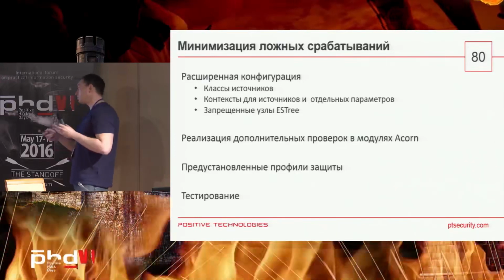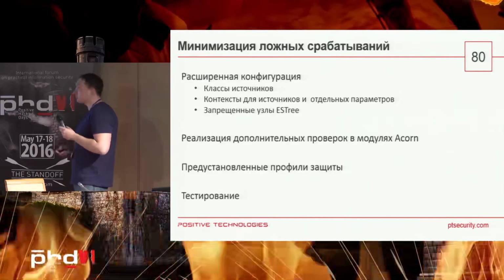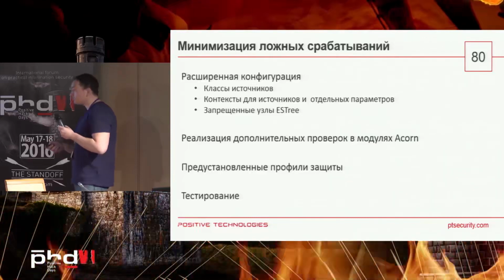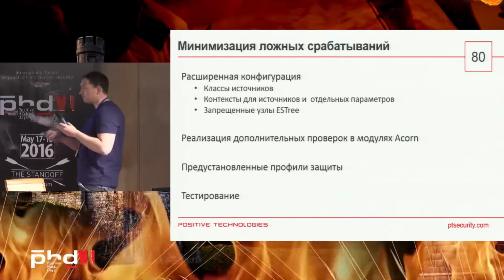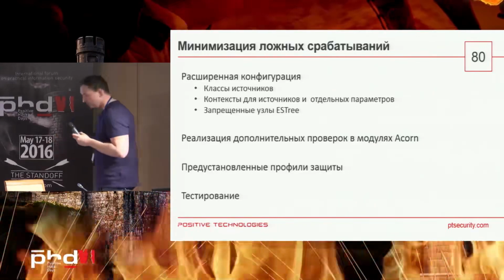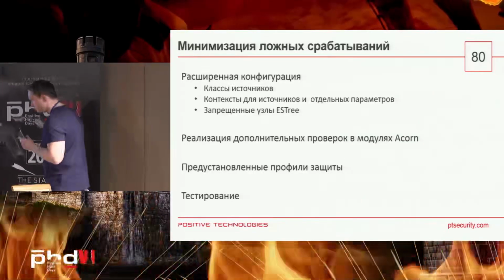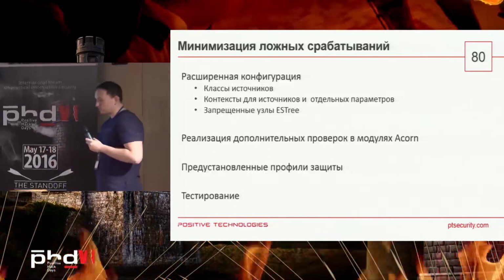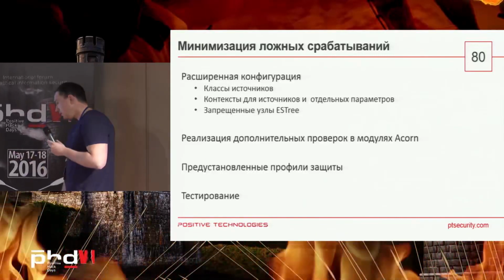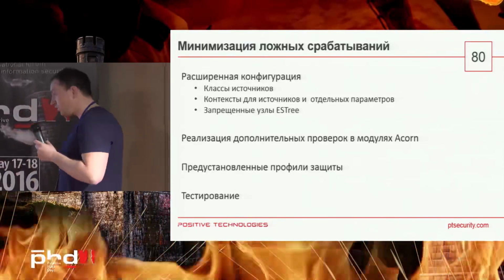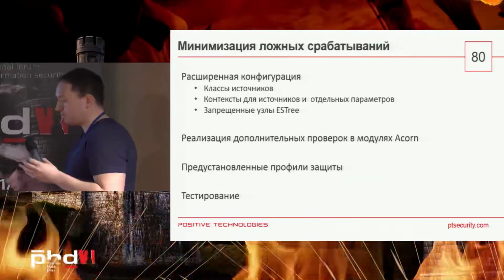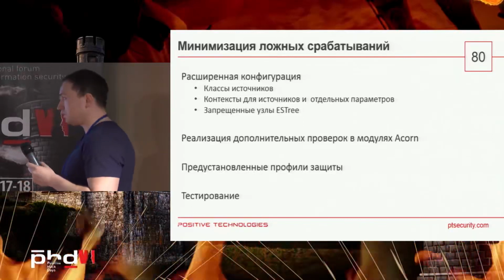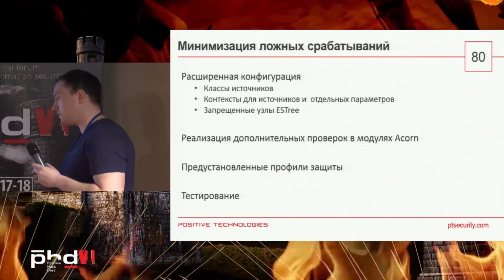You can implement checks in the Acorn modules. So, preset profiles for security. And finally, testing. A lot of typical data, or standard data, is used, which is used in popular applications, in local storage, in messages, in cookies, and so on and so forth.